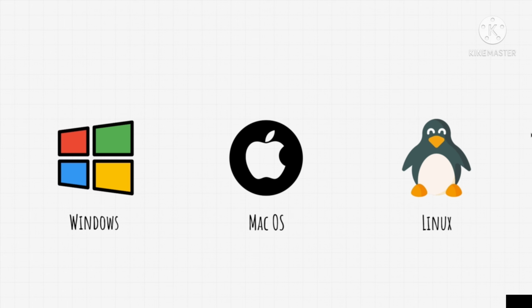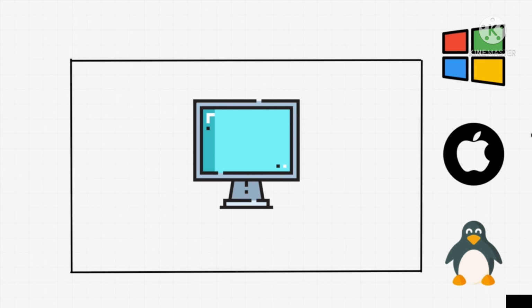How would that work? Well, picture it like this. Imagine this rectangle representing our computer. And we already know that any computer will have one of the three main operating systems: Windows, Mac OS, or Linux.